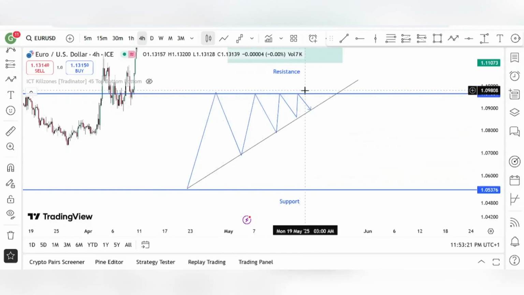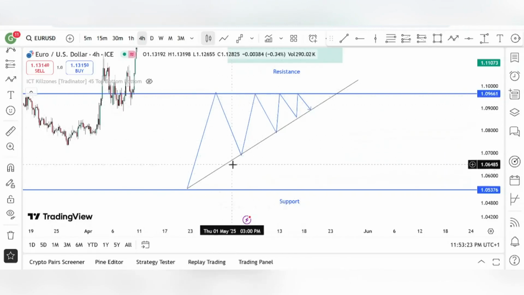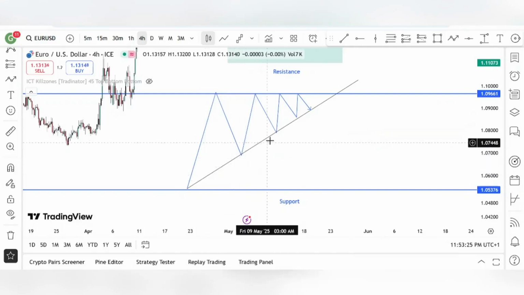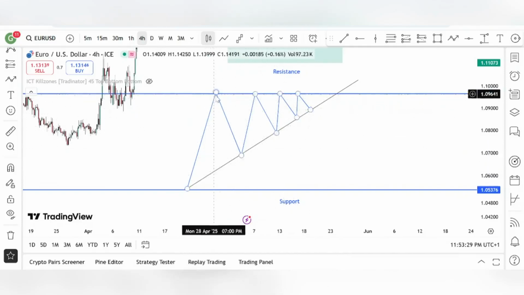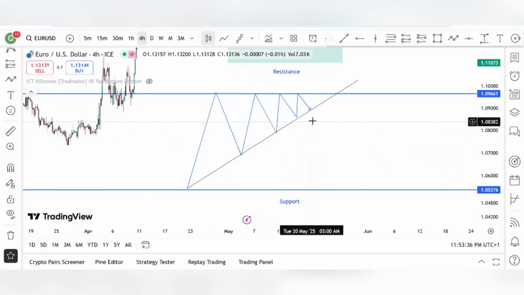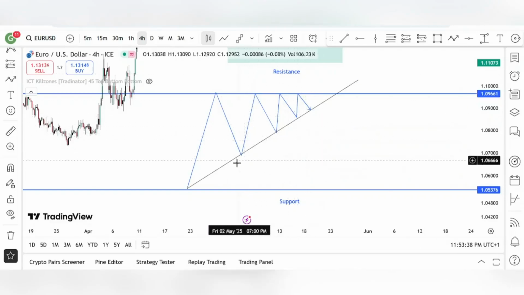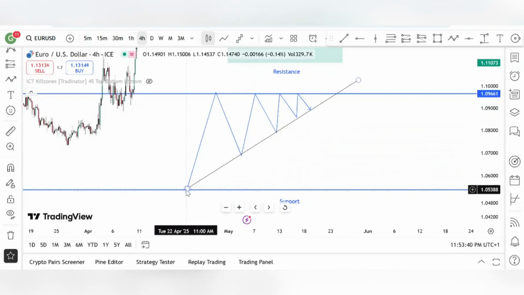So we say higher lows and equal highs. This is a triangle pattern. So the bottom makes what? Higher lows, ascending.